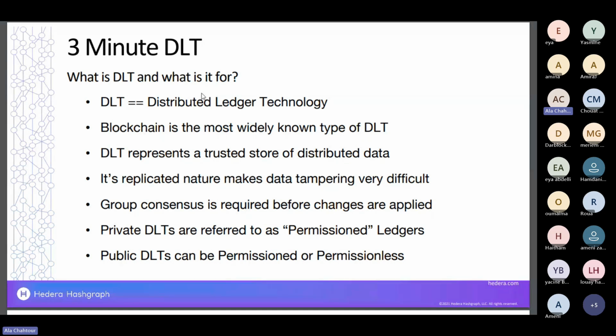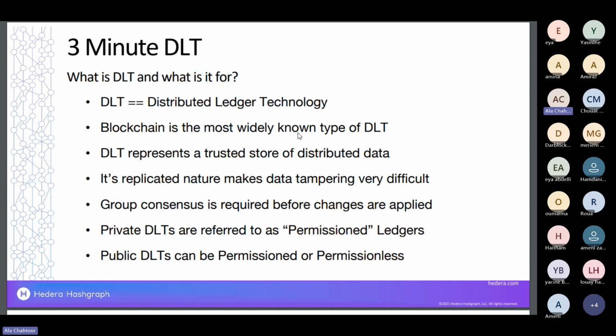DLT is a distributed ledger technology, and blockchain is the most widely known type of DLT. All the DLTs share the same goal, which is the distribution of data.